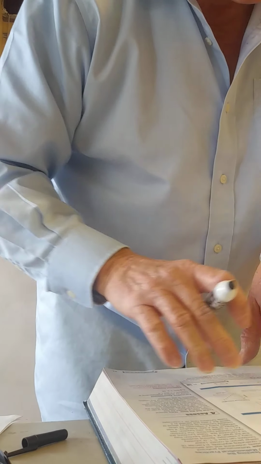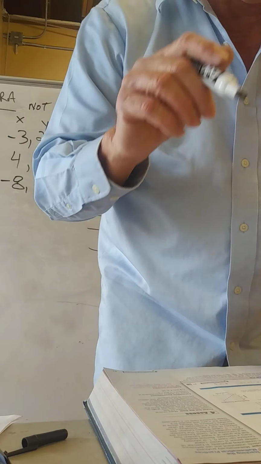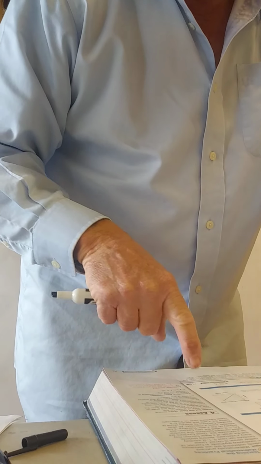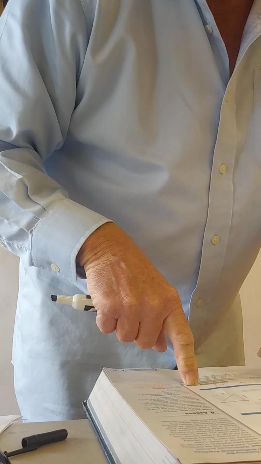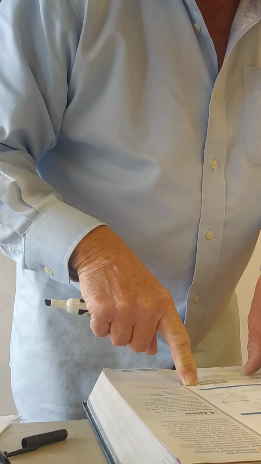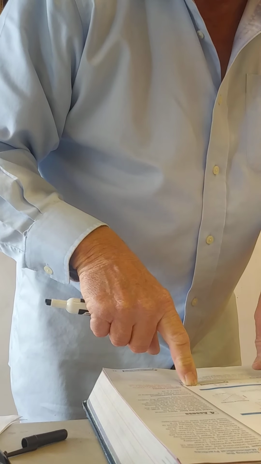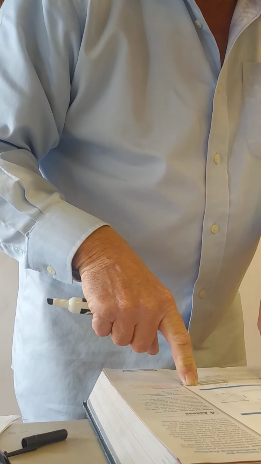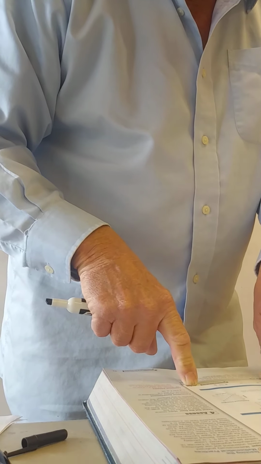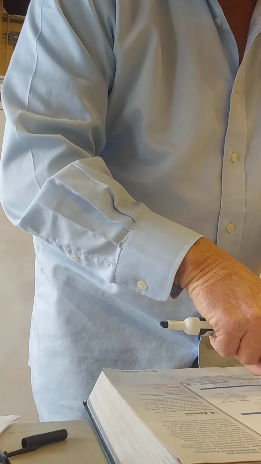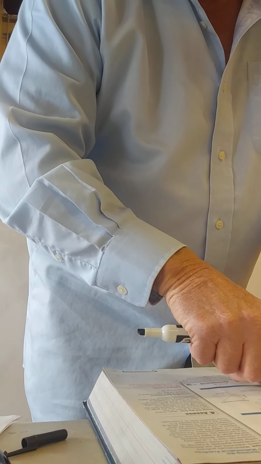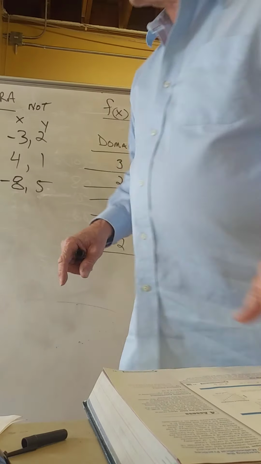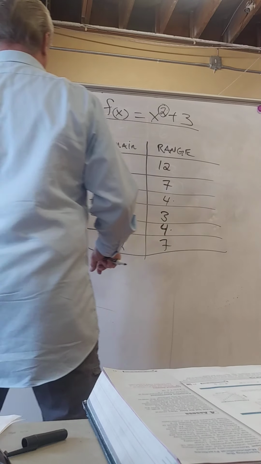Okay, what they're saying on number 27, you're looking at page 61 under spiral review, and they give you a little table of domain and range. And they want to know, is it a function? So let's just write down what they're putting here.